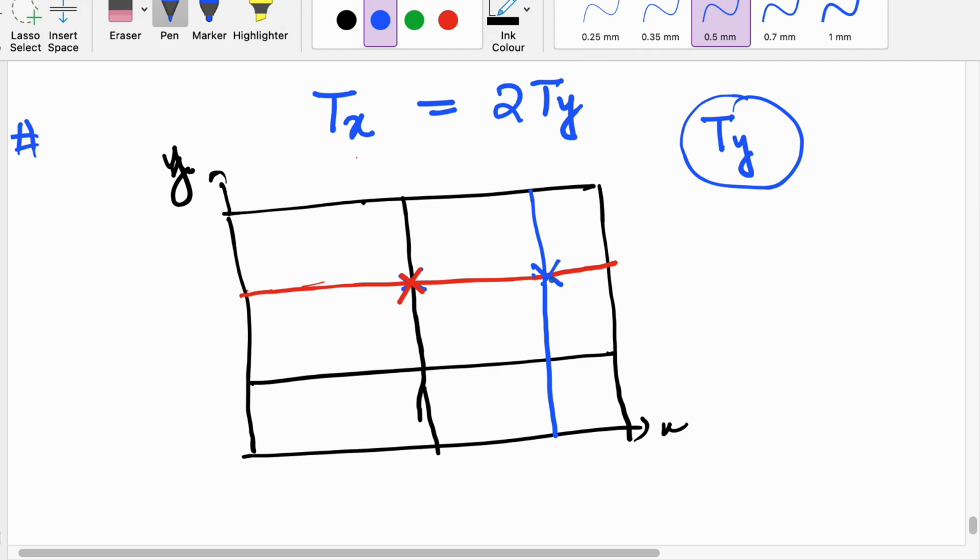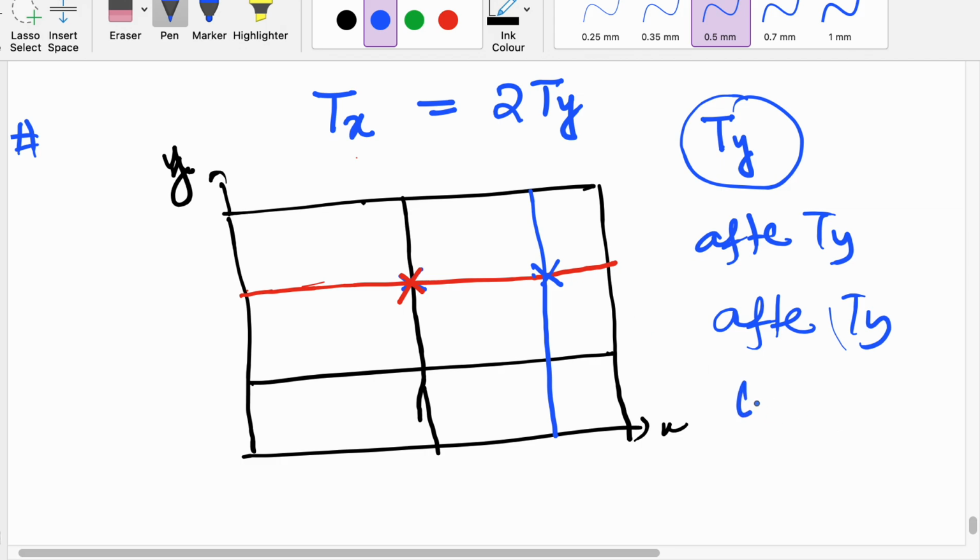After ty time y came to the same value because ty is its time period, but x does not come back to the same value. But if I wait another ty, so it becomes 2 ty, it will return to the same position.